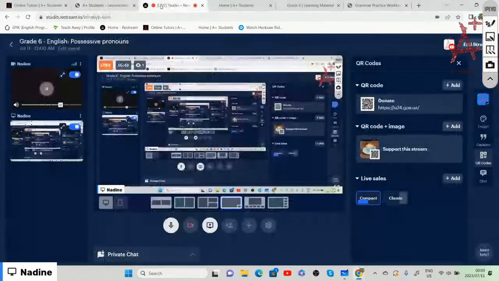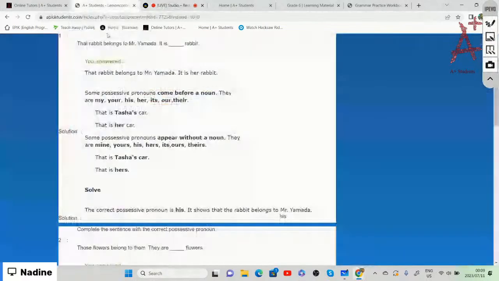The possessive pronouns that appear with a noun usually come before it, and they are my, your, his, her, its, our, their. And the pronouns that appear without the noun are mine, yours, his, hers, its, ours, and theirs. Right?